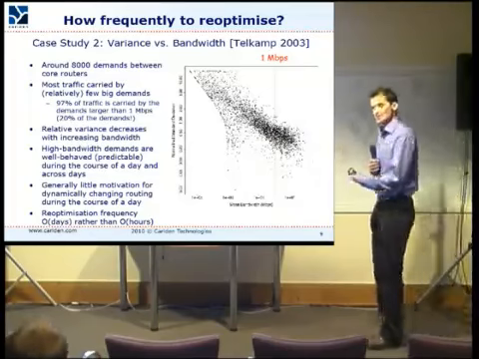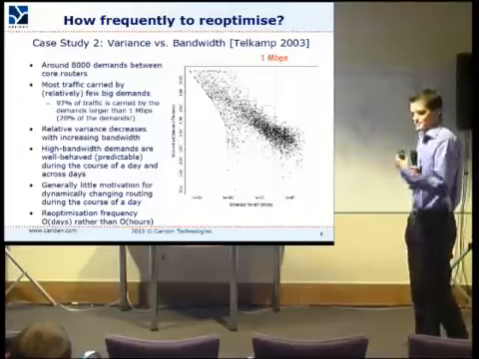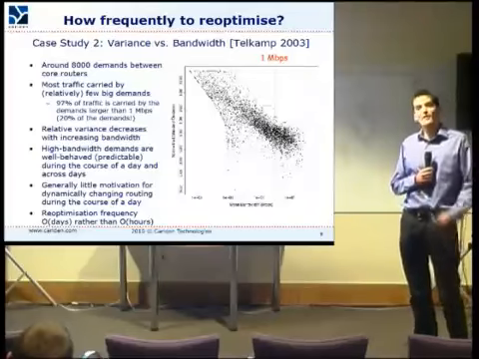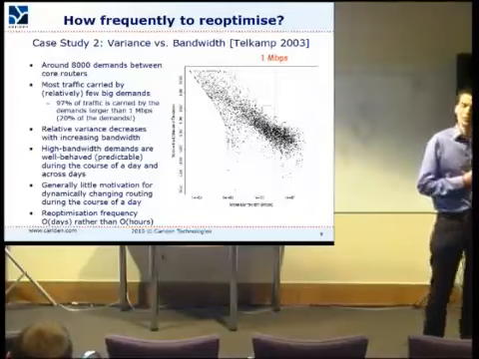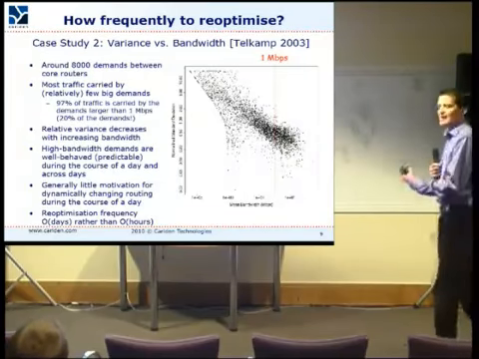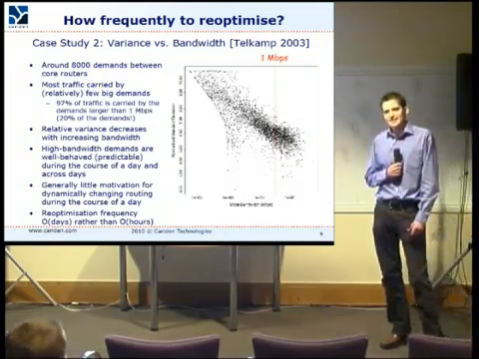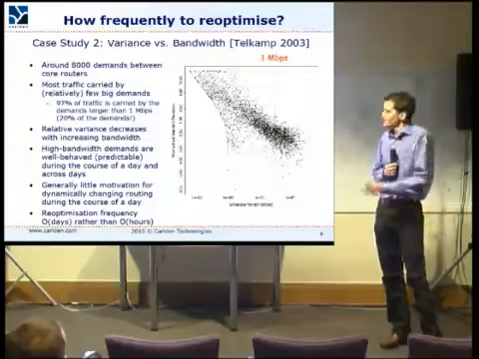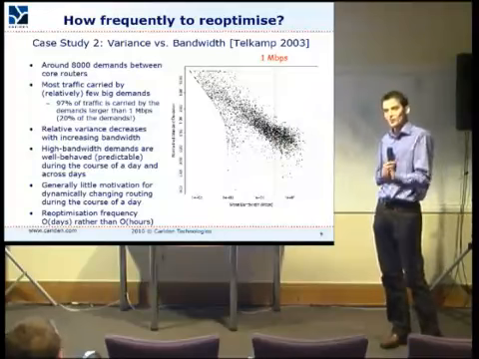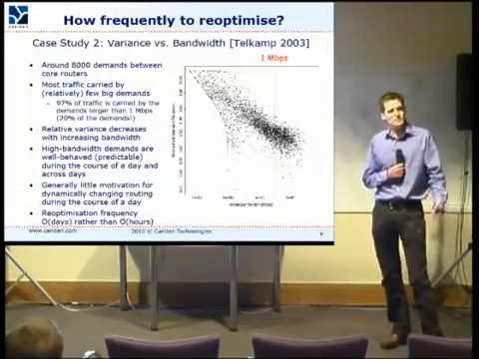In this case, and this is, I would say, fairly typical, the majority of the traffic was actually from a relatively small number of very large demands, which were relatively well behaved. So in those cases, as it's those larger demands that are actually causing the problem, if you traffic engineer for those larger demands, and they're not changing enormously in time, then you don't need to reoptimize your traffic engineering with huge frequency.